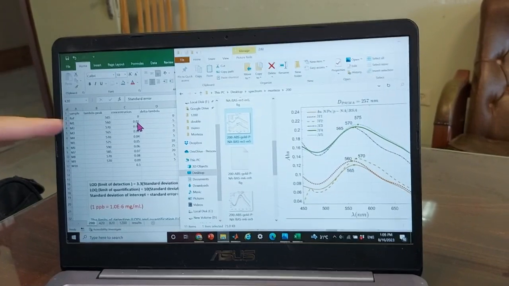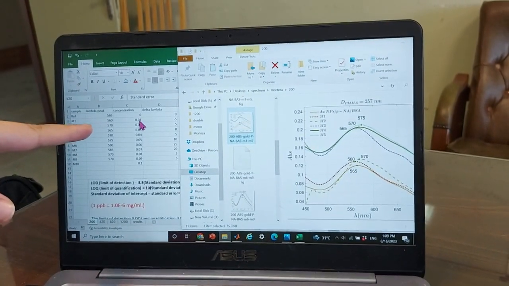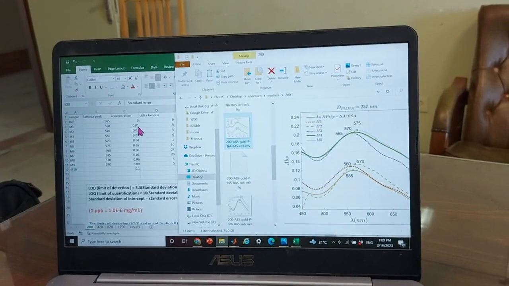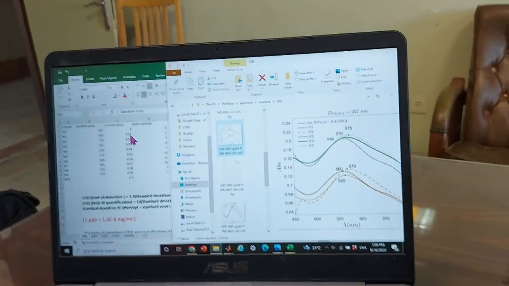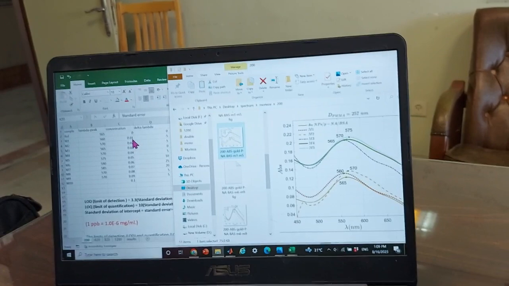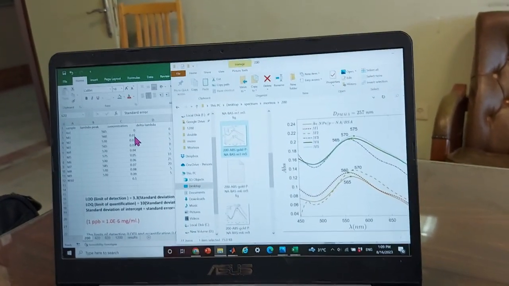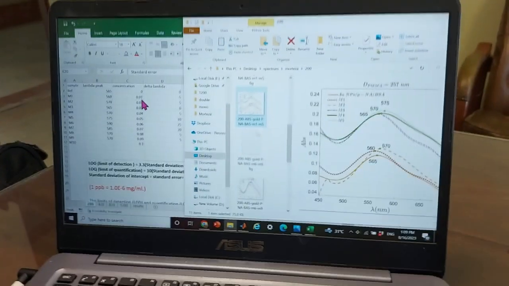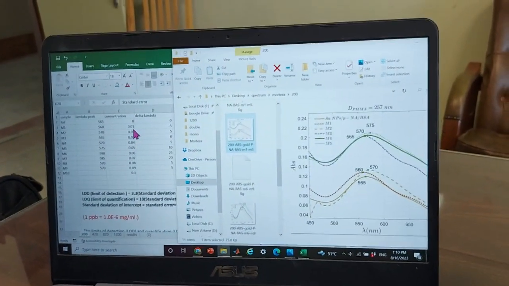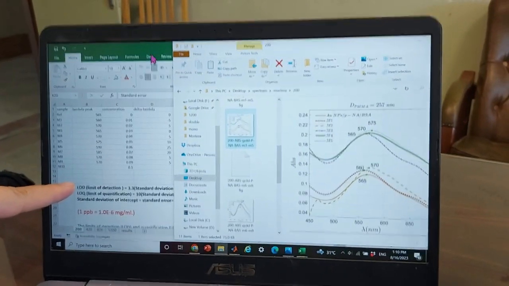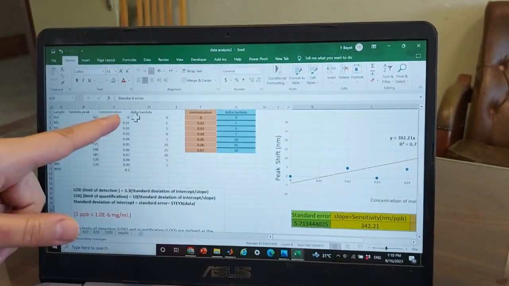The next one, the concentration is 0.01 ppb. ppb means parts per billion, a very low concentration. So your experiment is done with a very low concentration. I wrote the concentrations here, and here is the delta lambda.